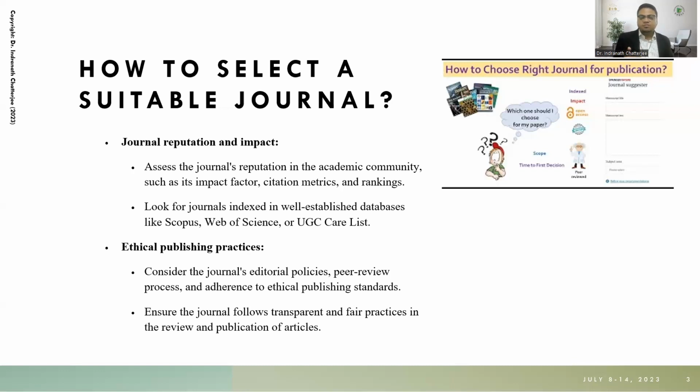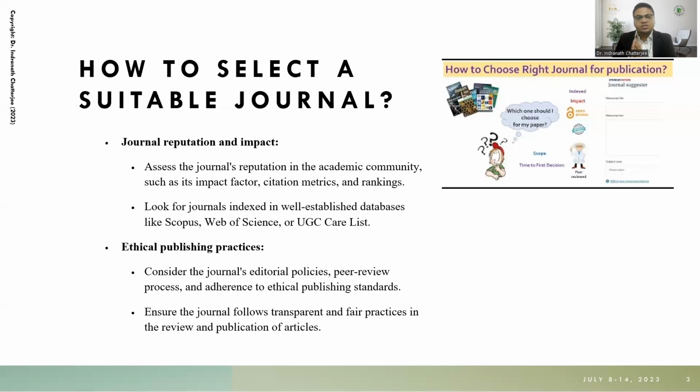For example, if your journal is within the top 25% of a particular domain, say you want to publish a paper in neuroscience, and the European Journal of Neuroscience falls under the top 5% or 6%, that is within the first 25%. So if your journal falls under the first 25% of the domain, it is a quartile 1 journal. Journal reputation is important, and journal impact is important.